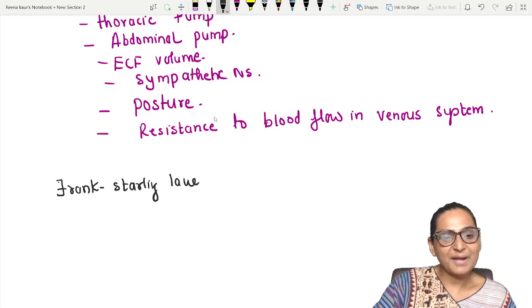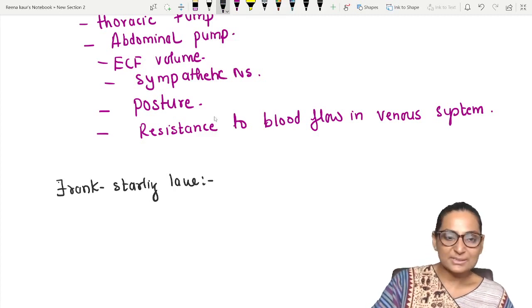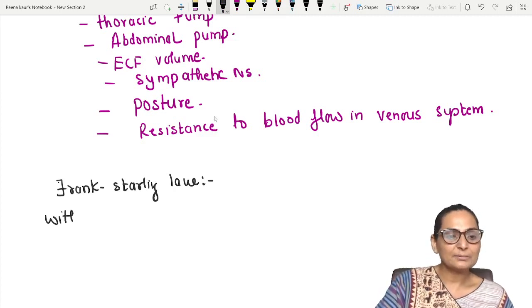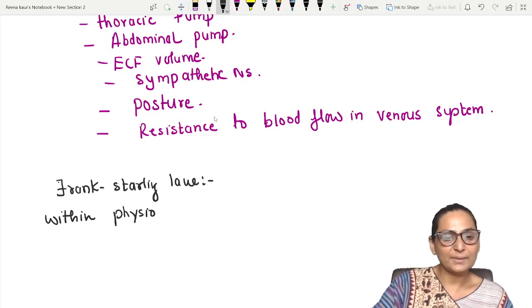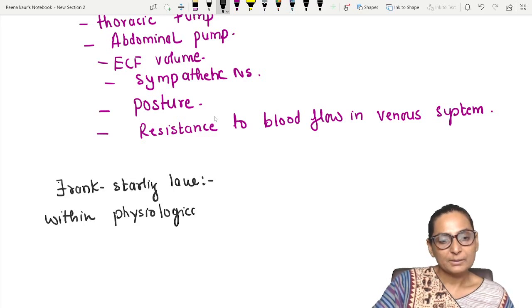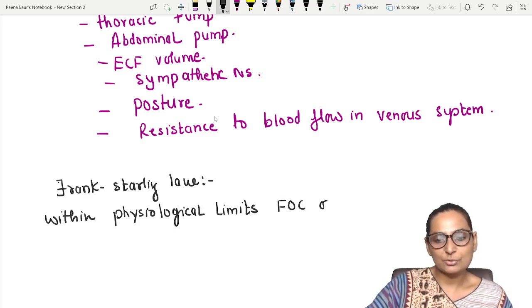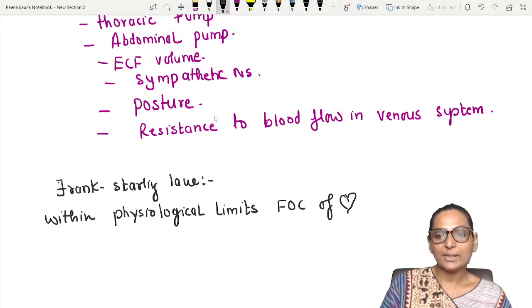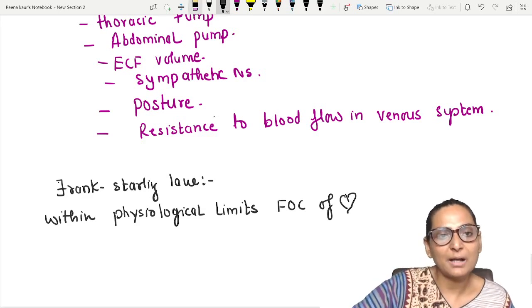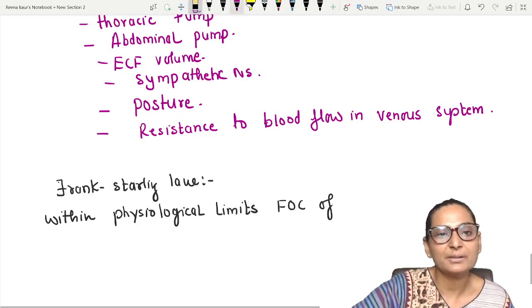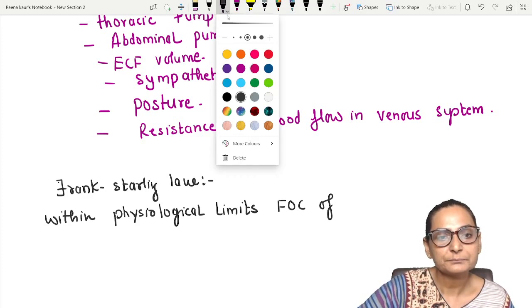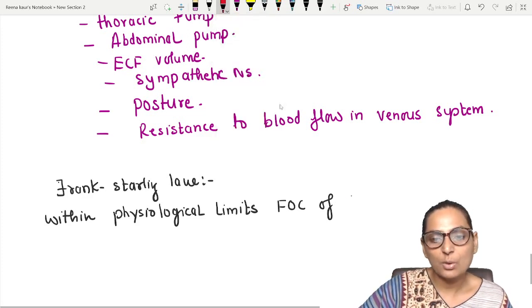So what is this Frank-Starling's law? This law states that within physiological limits, the force of contraction of the heart, I'll make the heart red so that you remember that it is the heart.